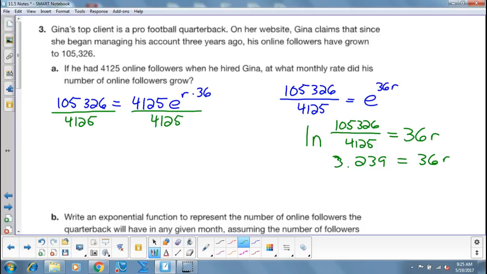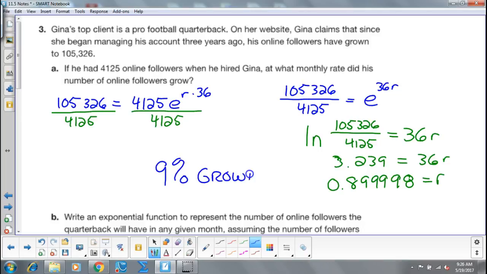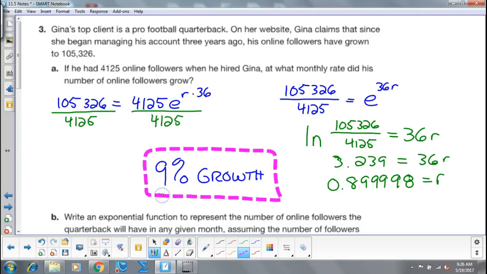Divide that by 36, and I get 0.09 equals R. So I would call that a 9% growth rate. I would say growth rate, yes, because otherwise it was decay, you know what I mean? We could have a 9% decay rate.